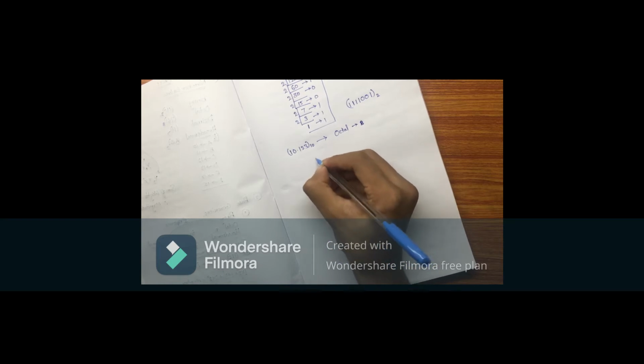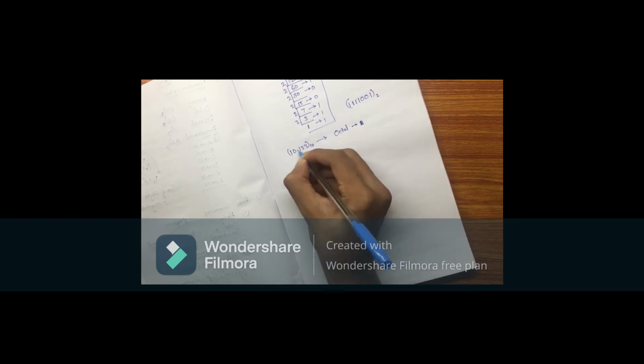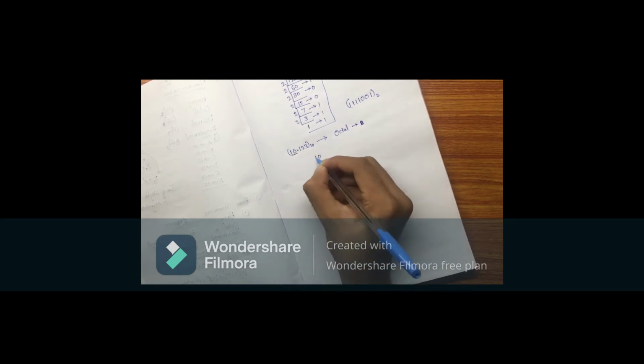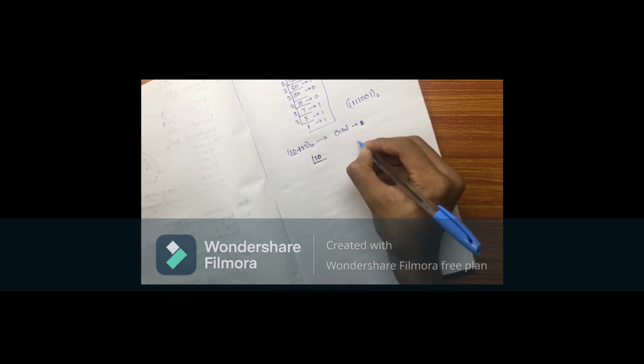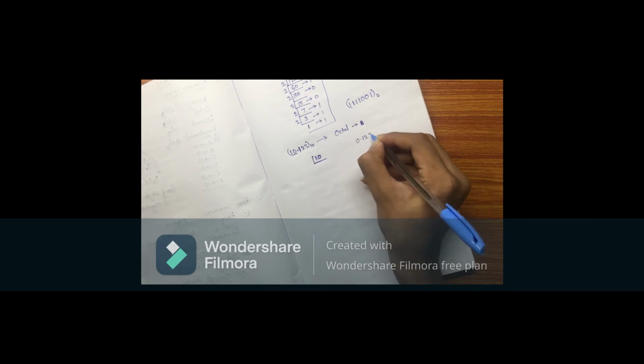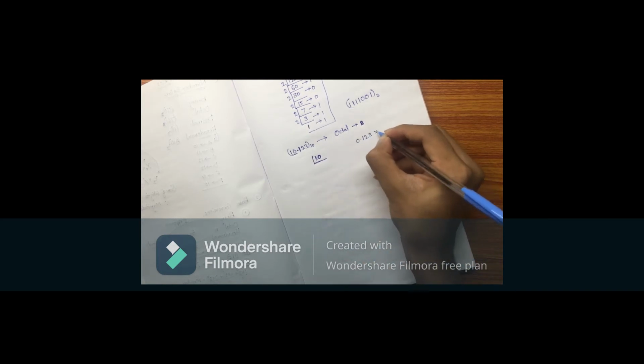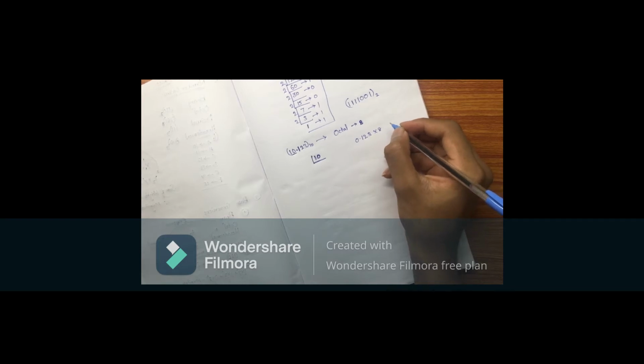So 10, the part before the point, you have to take and do this division. Then the part after the point, 123, you have to multiply by 8.